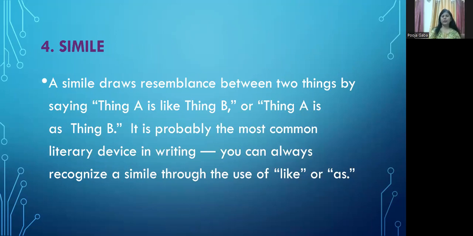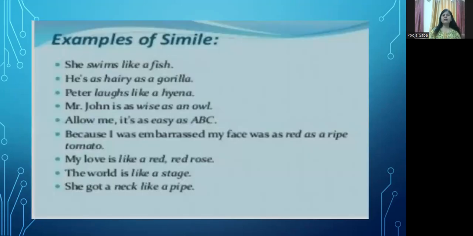See certain examples. In the poem Daffodils also we have used simile, like the daffodils were dancing like a breeze. See this example also. She swims like a fish. Now we have compared her swimming with the swimming of fish using the word like.